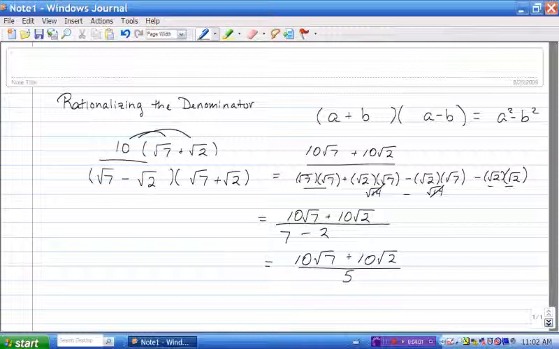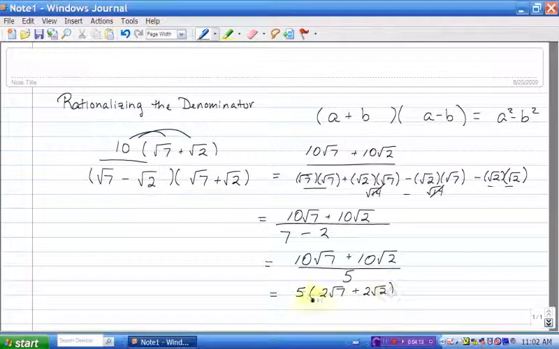So I'm going to take a 5 out of the top. So I'm just factoring a 5 out. And on the bottom I have a 5. Now I'm not canceling through addition, I am canceling the factor. So my final solution is 2 radical 7 plus 2 radical 2.